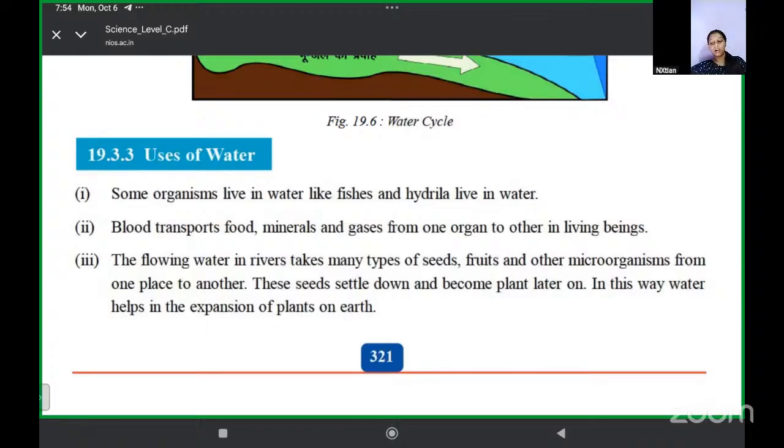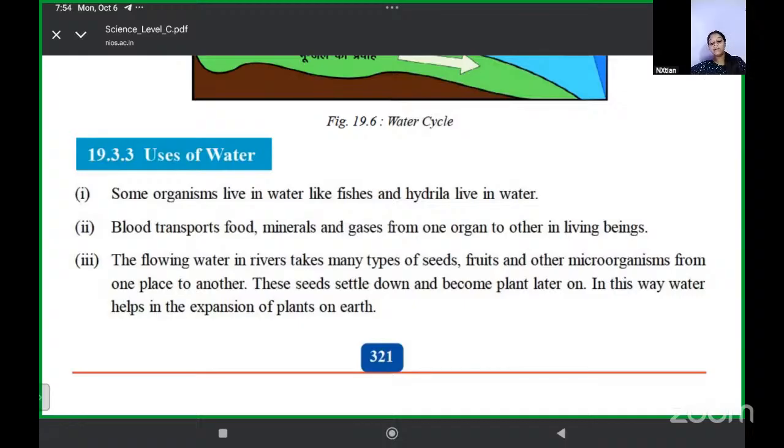Then the flowing water in rivers takes many types of seeds, fruits, and other microorganisms from one place to another. When the water travels, a lot of microorganisms flow with it, settle down and become a plant later on.